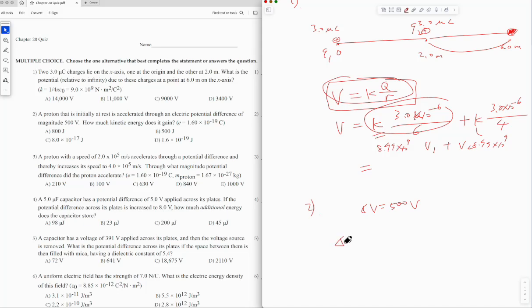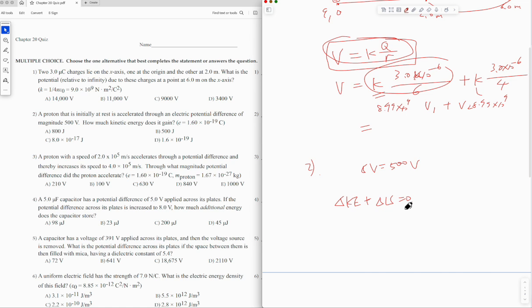Energy conservation gives us delta KE plus delta U equals 0. Delta KE starts from rest, so KE final minus KE initial.